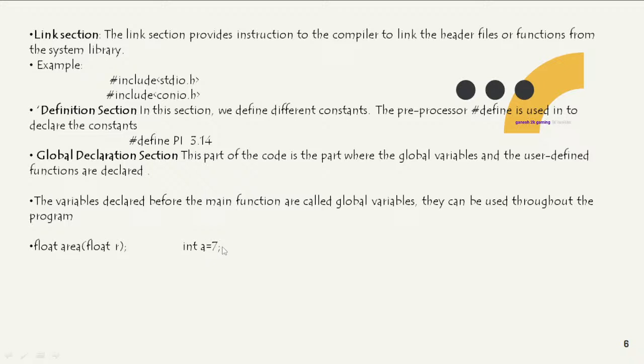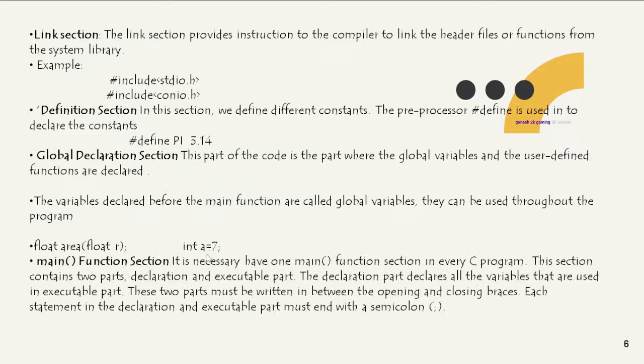But the only difference is that these variables are declared before the main function. And the next section is the main function section. It is necessary that your C program has at least one main function. So we cannot write more than one main function.